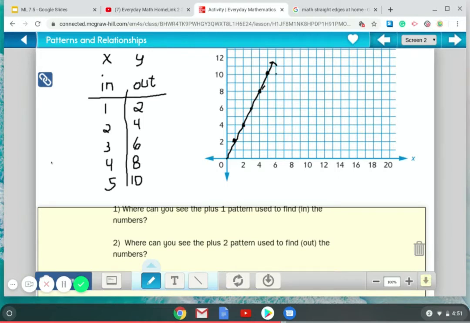Now, finally, in analyzing graphs, I want you to think about where you can see the ×2 relationship between the corresponding terms in the in and out. So, for example, where do you see the ×2 relationship between the corresponding terms of 1 and 2, 2 and 4, 3 and 6, 4 and 8, and 5 and 10?